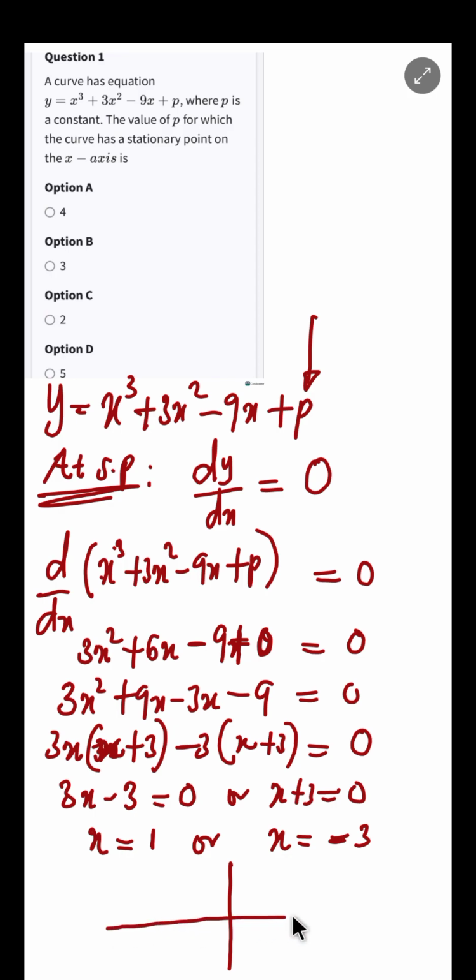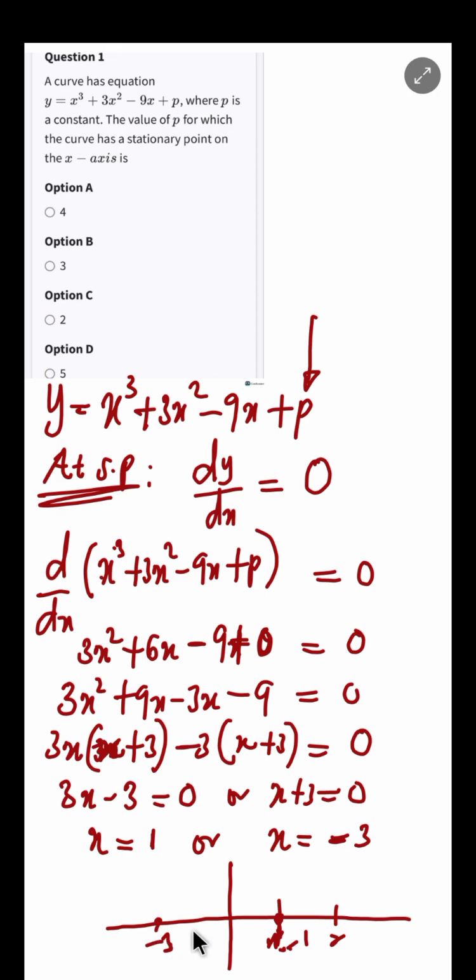This implies that on this particular graph, I have two stationary points on the x-axis. Let's say this is when x equals to 1, and this is the second. So at this point, I have x naught equals to 1, and I also have another point here at minus 3.